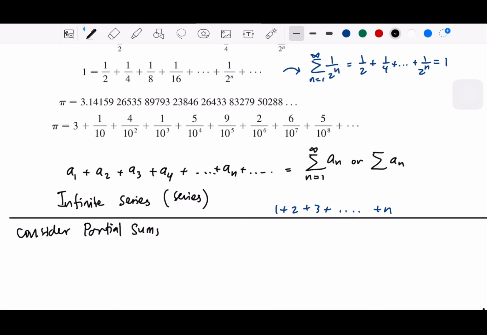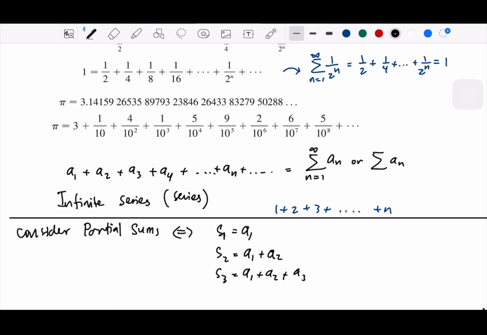So we take S1 as A1, then S2 as A1 plus A2, S3 as A1 plus A2 plus A3, and so forth.